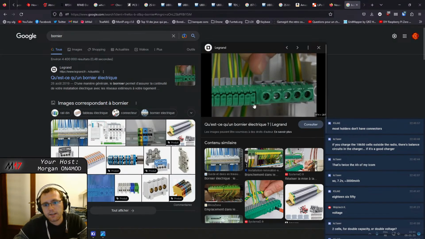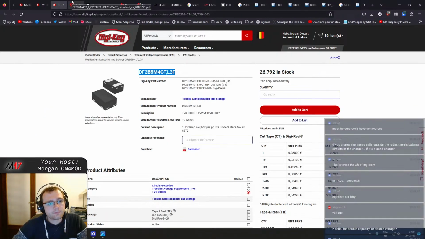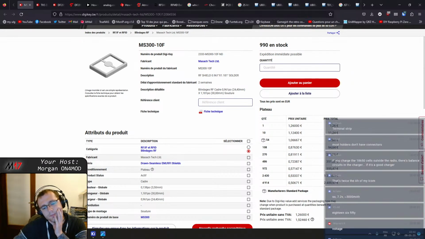Yeah, something like that, but smaller. And then you could just clamp the wires on the board. I think I would prefer that solution actually. Terminal strip, thanks, Steve.